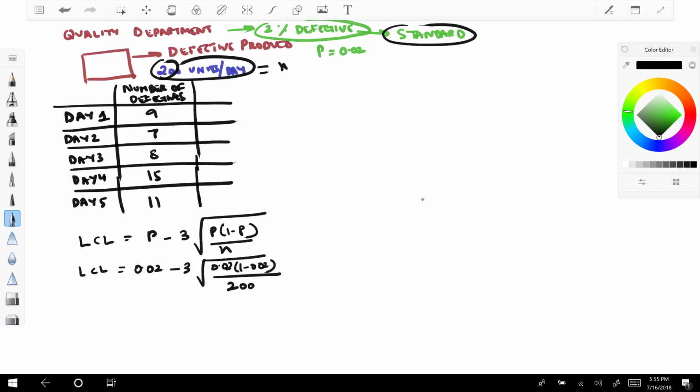Our lower control limit value would be negative 0.0097. Since we don't have negative defects, we will round it off to 0, that is 0%.